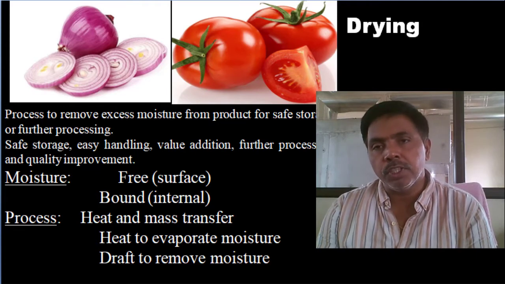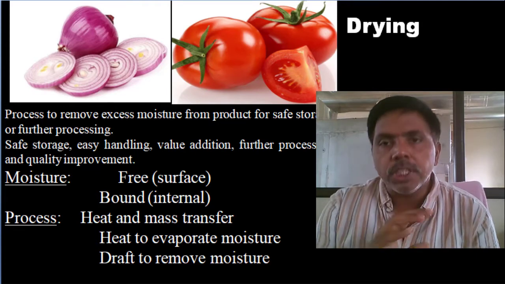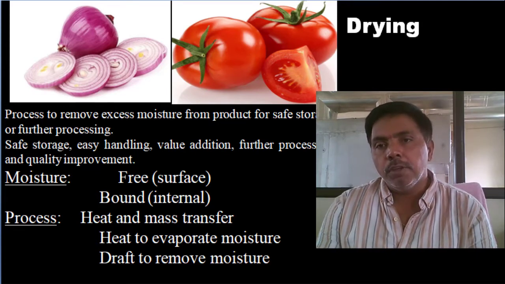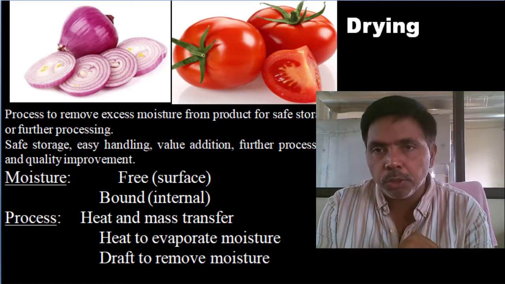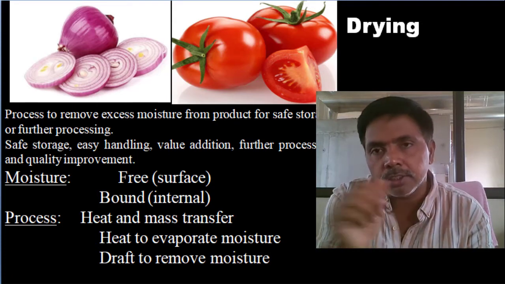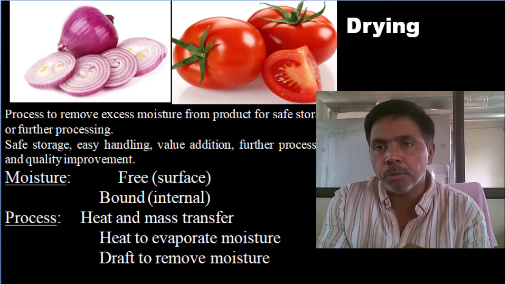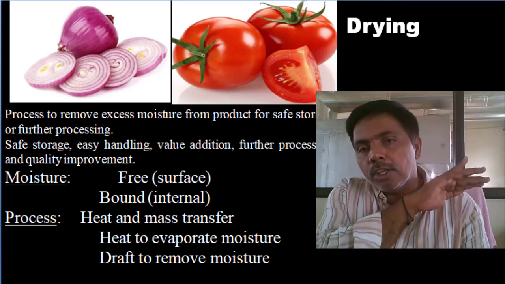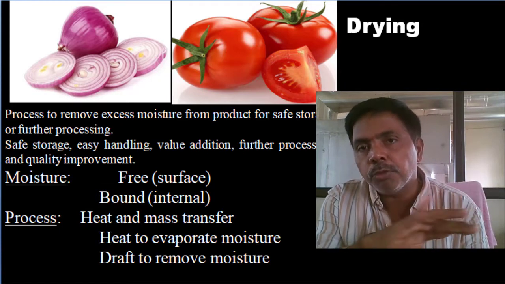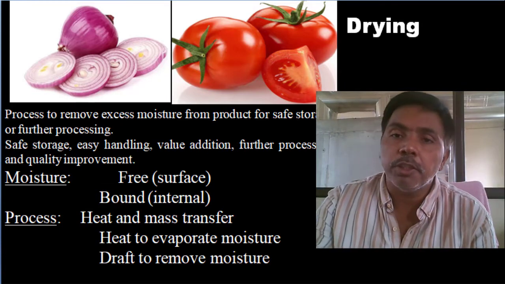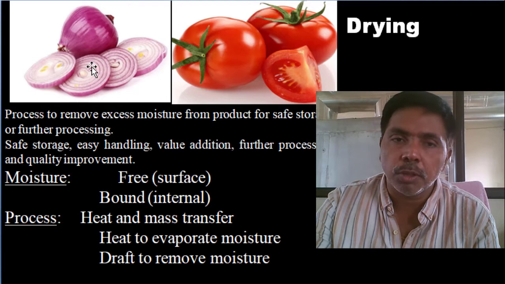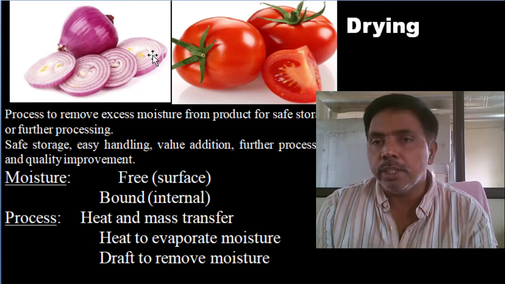Long-run storage will occur. How are we removing the moisture? First, surface moisture we can remove easily by flowing air. The air has moderate temperature and low relative humidity. Moisture in the air is less, so it will automatically absorb the surface moisture by the flowing of the air.